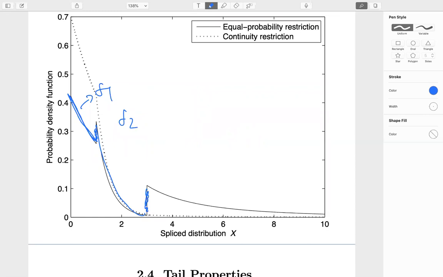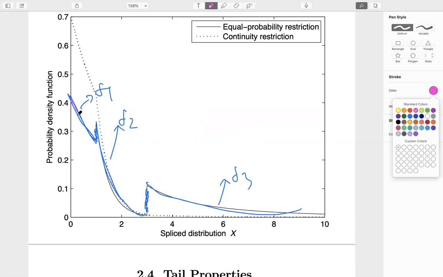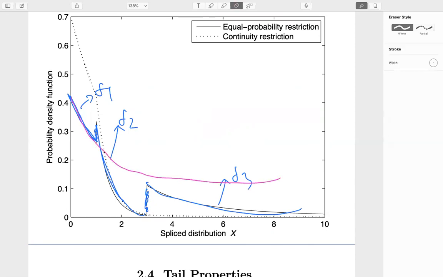That's why you see the vertical line. But basically, you just have three pieces. Here is F3. F1 might just continue, so this may be the shape of F1, but we don't need everything down here. We only need it to end at 1. The rest we simply don't care about.